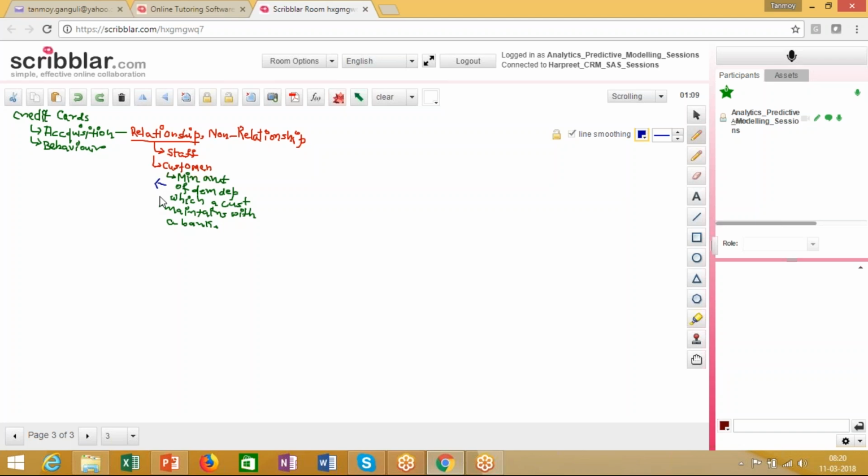That means his affordability is much above this because he is maintaining this minimum demand deposit which he cannot touch. That means his affordability for any given product X is above this minimum amount, and hence he can actually afford that.